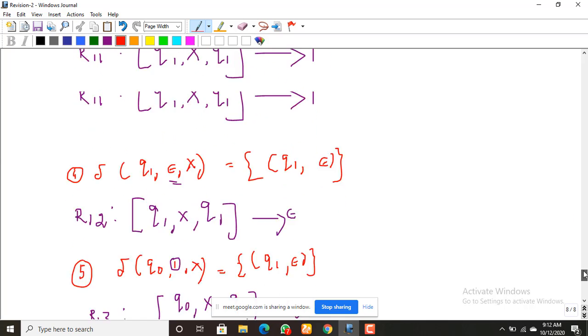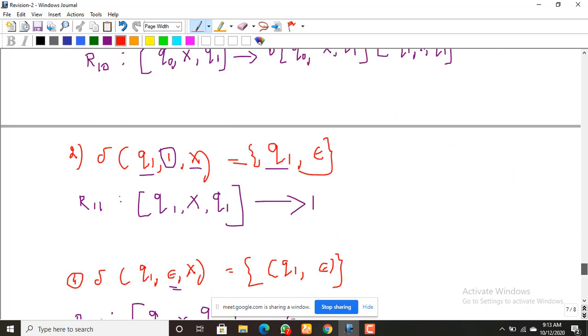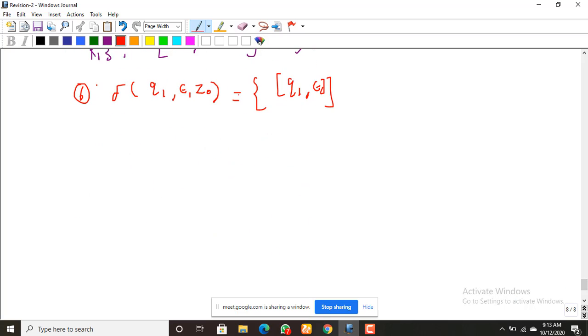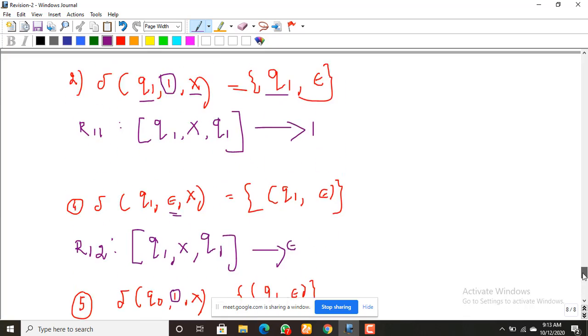So the last production rule, rule number 14: this Q1, then this Q1, which produces epsilon. So almost I have done all the production rules for the given instantaneous description.